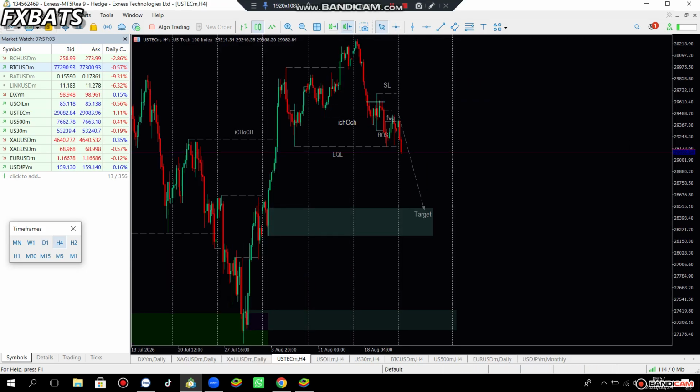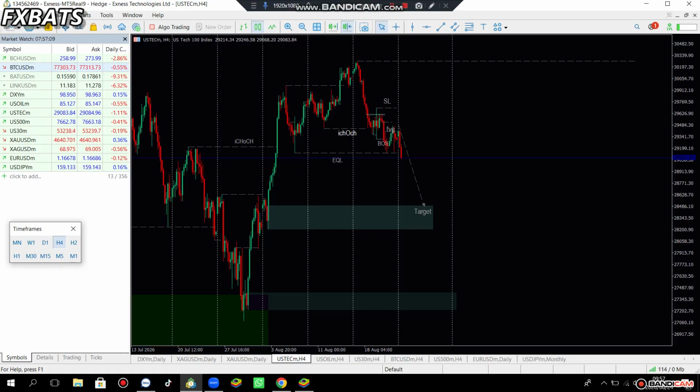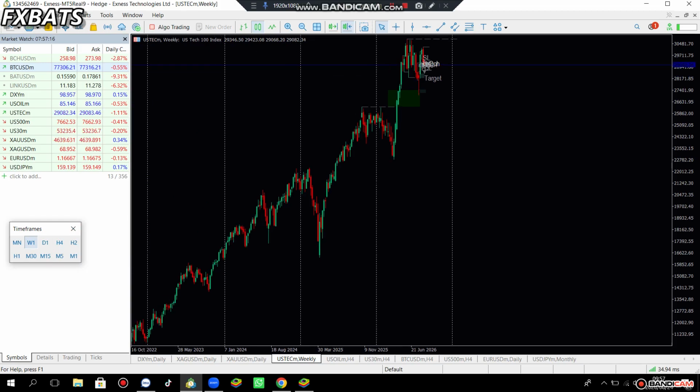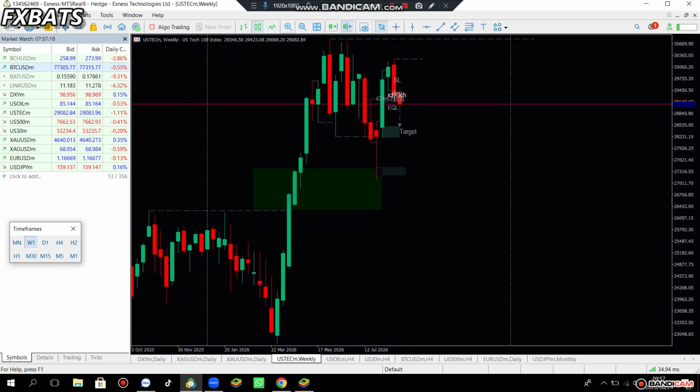So when we come to Nasdaq, we're still on a complex pullback, just like analyzed last week. Nasdaq, we're bullish. When we go on weekly, we're still within the weekly context area.